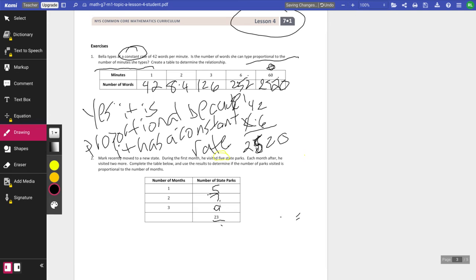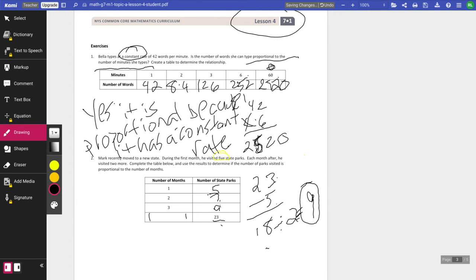Well, because we need to figure out how many months, we're going to take our 23 and subtract our first month because I need to work with a constant rate after that. 23 minus 5 is going to be 18. And now I need to divide that 18 by the rate that it increased each month after the first month, which was 2. 18 divided by 2 is 9. 9 is not my answer, though, because 9 got me to 18.